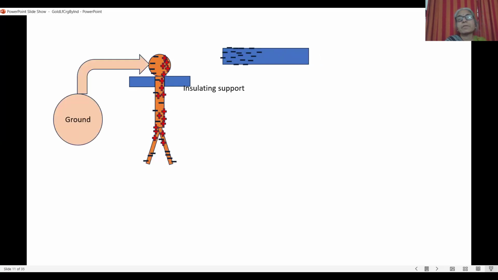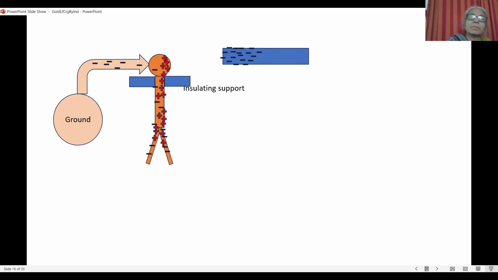So now if I touch this knob with my finger and provide a path, then all these mobile negative charges, which are free to move and which want to get away from the repulsive force, are free to run away to the ground using this path. So they all move away.